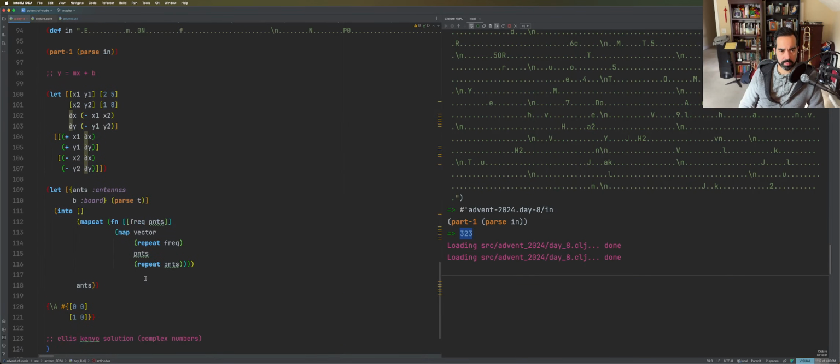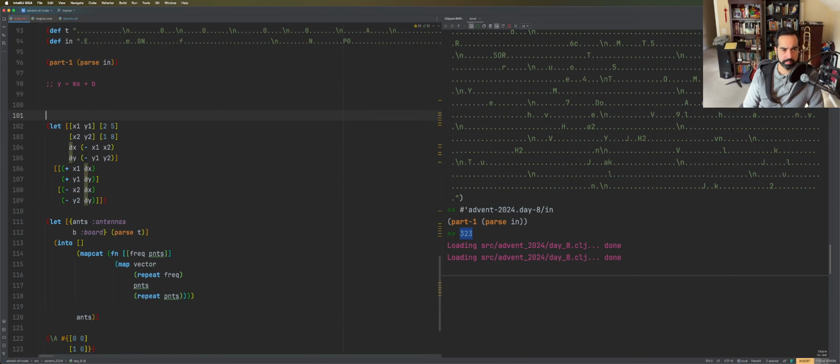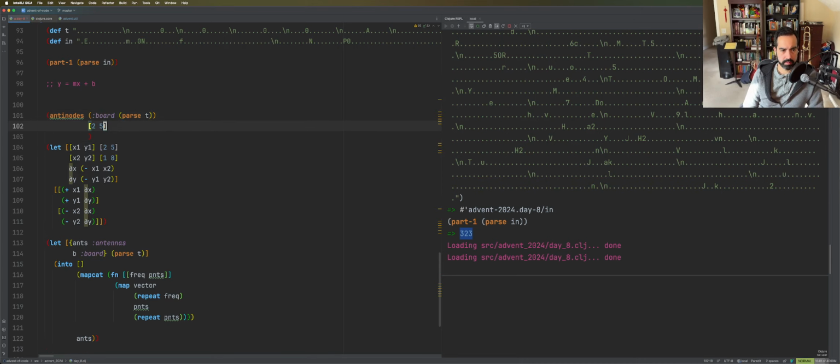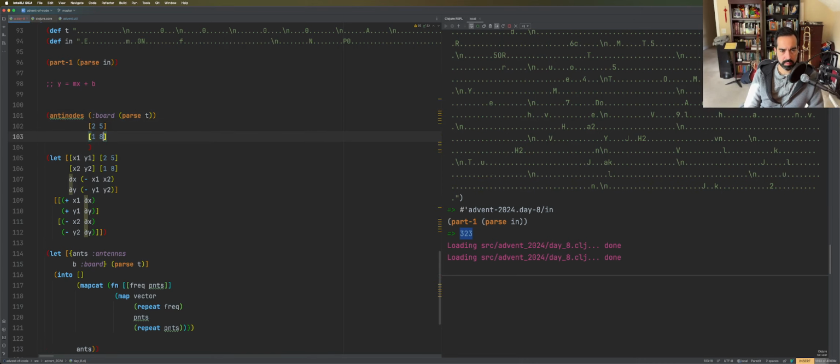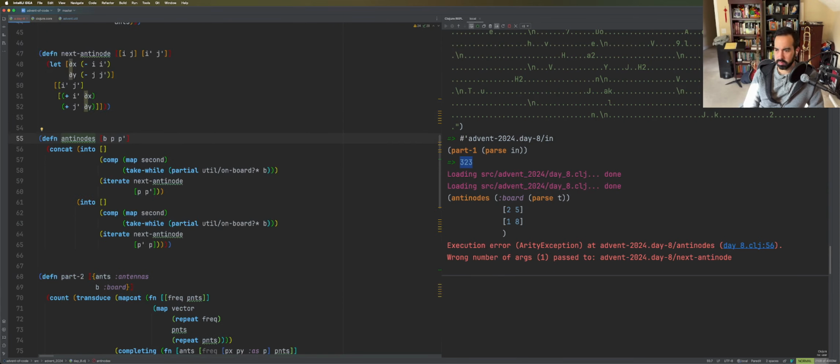So if I do this and then I say, okay, what are the antinodes for parse T forward of that, 2518. Next antinode. Huh? Wrong number of args passed to.